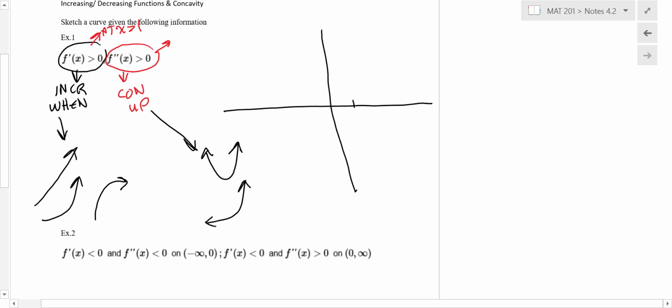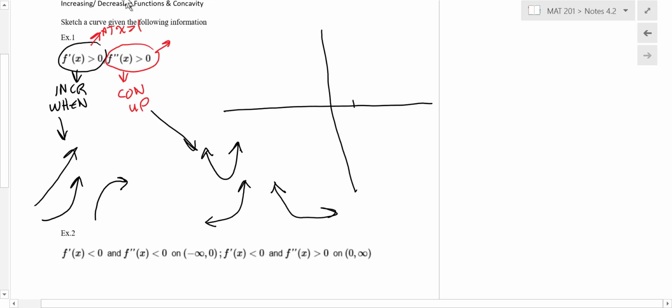It could do something kind of like that. Or it could even look like this. So when you're doing these problems, you want to know that there's different ways the function could look when it increases and different ways it could look when it's concave up. So if we're going to be concave up, and I'll just say on this, I'm going to try to just make something up here.